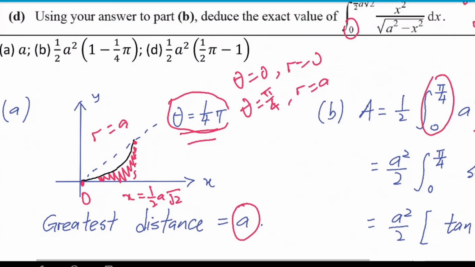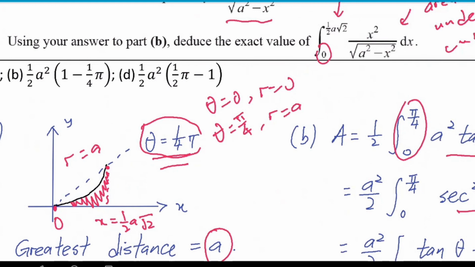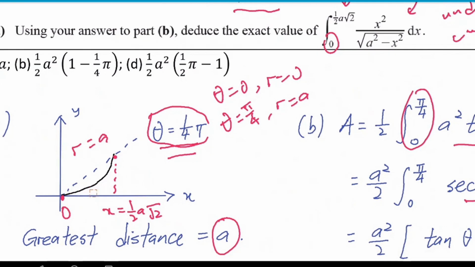Of course this is a 2 marks question and it is a deduce, so we are not supposed to just integrate from scratch here. To get this, we use the idea of the area of the triangle minus the area that we found in part B. So the remaining part is the area under the curve. To find the area of the triangle, we consider the y value as well, because this is 45 degrees, pi over 4, so the y value should have the same value as our x there.